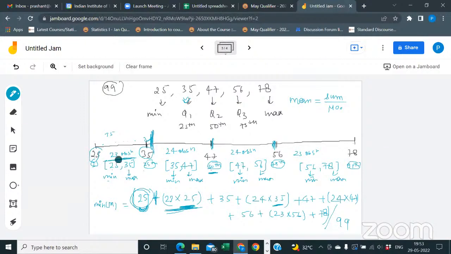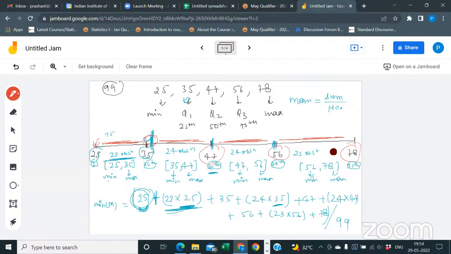This observation plus this observation, plus 23 times 35, plus this observation, plus 24 times 47, plus this observation, plus 24 times 56, plus this observation, plus 23 times 78, plus this.